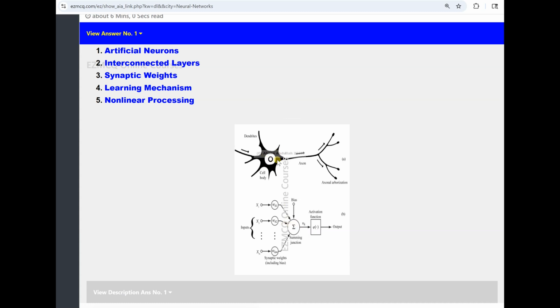This is the actual neuron, and this is the artificial neuron. These layers process the information, and that processing is inspired by the biological neurons.